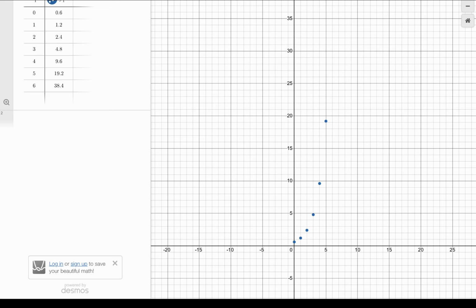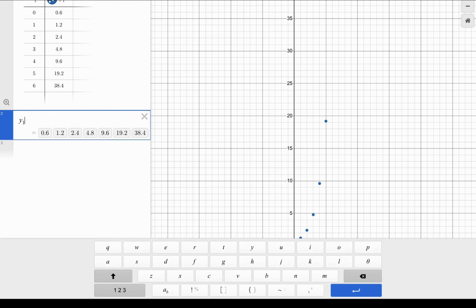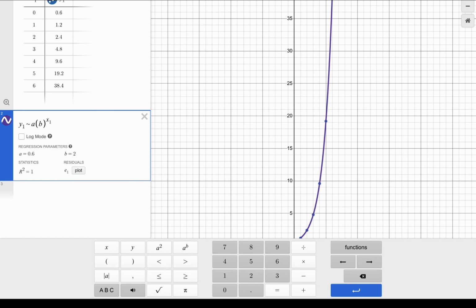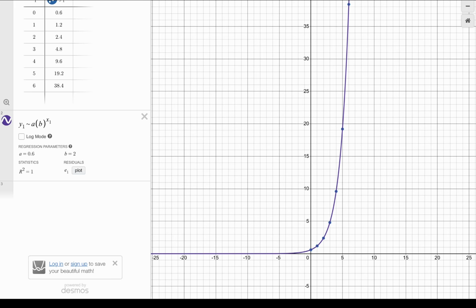And just to ensure that I'm correct about that idea, I am going to type in the regression equation for the exponential function by typing in y1 tilde a(b)^x1. From there, I can see clearly right here that the exponential regression equation will capture the majority of the points. This will ensure that I have an accurate result.